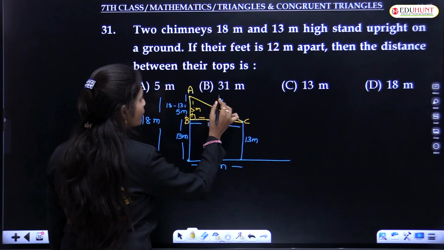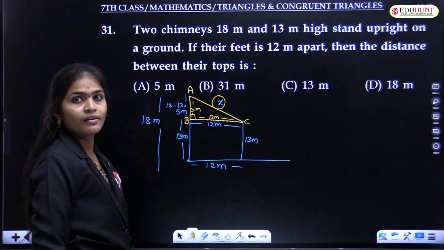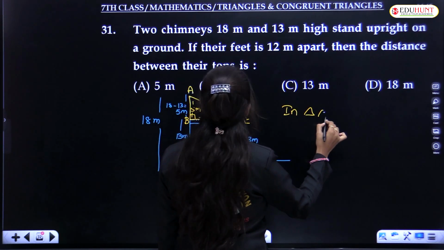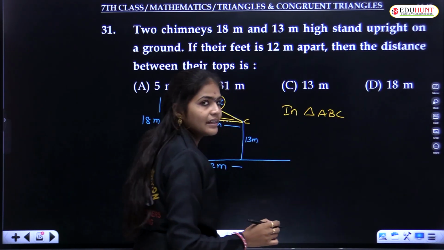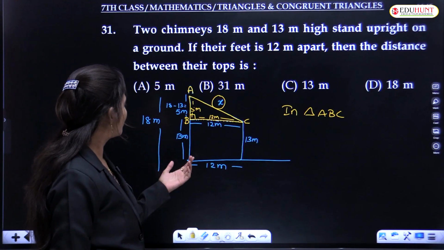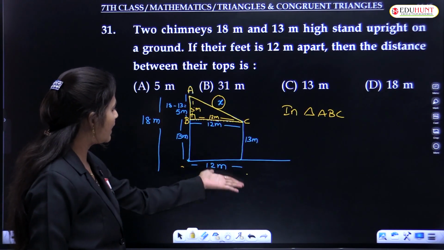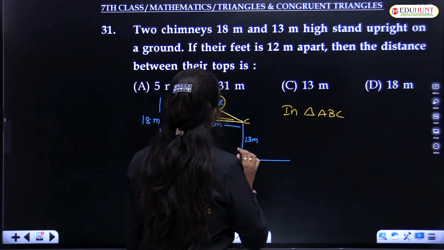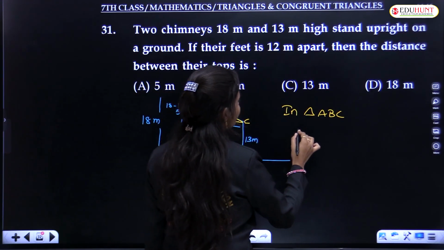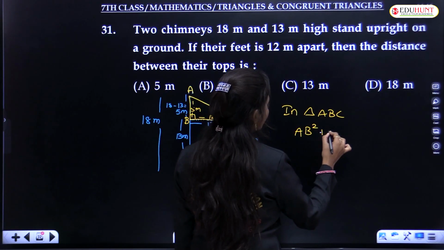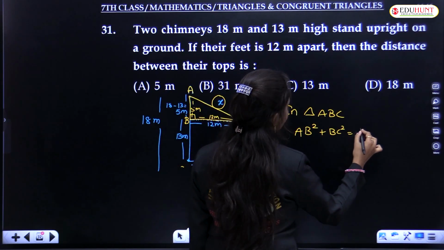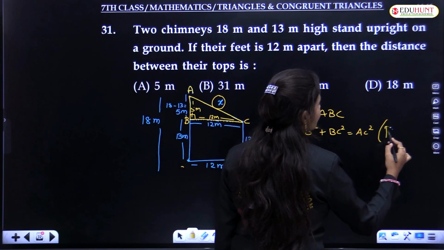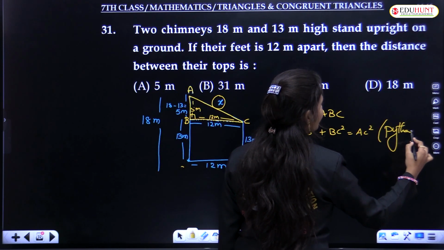Two lengths are given, so we need to find the hypotenuse. In triangle ABC, AB square plus BC square is equal to AC square. AC is the hypotenuse. That is the Pythagoras theorem.